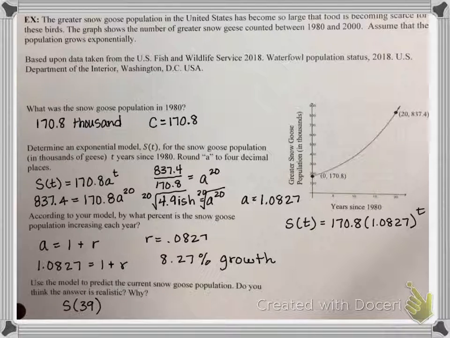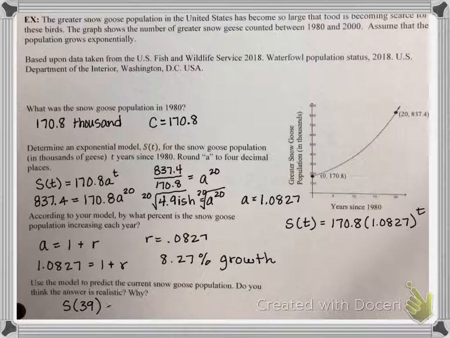Because in 2019, it's been 39 years since 1980. And as far as where we're starting time-wise, that has to correspond to your C value. So the number of geese in 1980 is 170.8 thousand. So because I use that as my C value, I have to use 1980 as t equals 0.